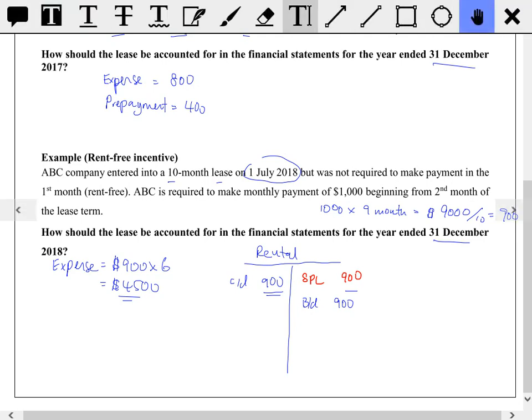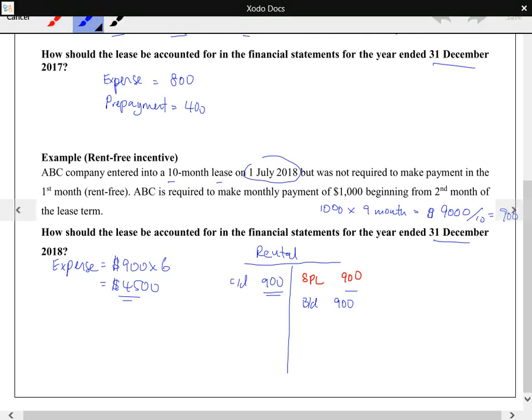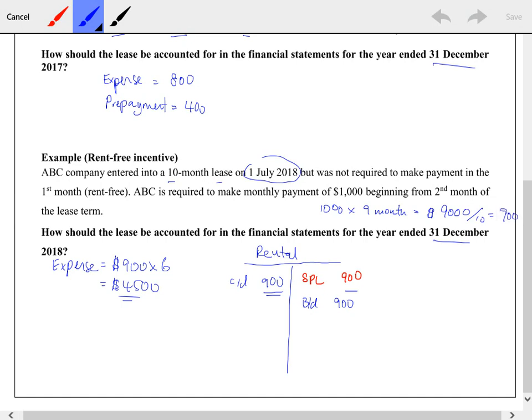Second month, would I pay 1,000? Yes, I start paying 1,000. In the second month, my expense, I will charge another 900. So 1,800 minus 1,000, now my balance I owe is 800 in my book. Because I charged 900, I pay 1,000. The extra is to pay for this one.